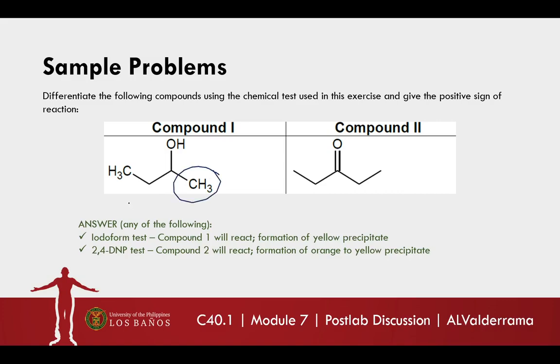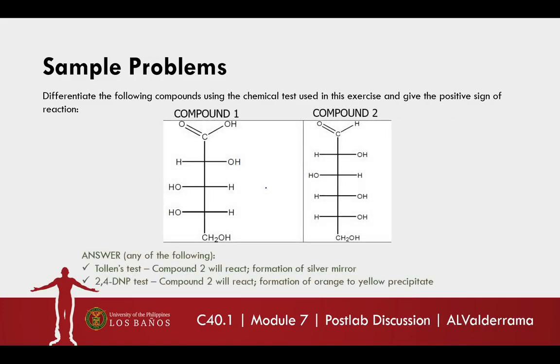For number 2 naman, hindi siya mag-react with iodoform since hindi siya methyl carbinol or methyl ketone. Pero, pwede kang mag-employ ng 2,4-DNP test since 2,4-DNP test is general test for carbonyl groups. And since compound 2 is a ketone, while compound 1 is an alcohol, so magka-positive yung ating compound 2 for 2,4-DNP test.